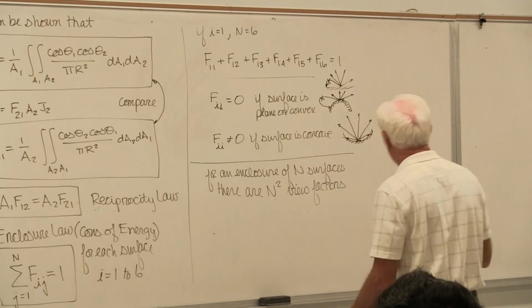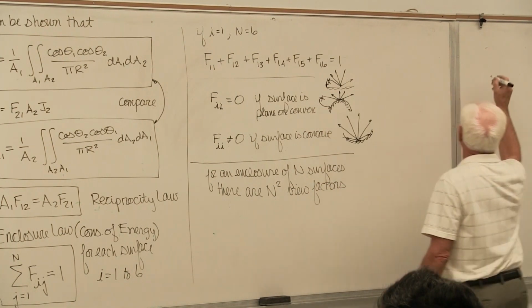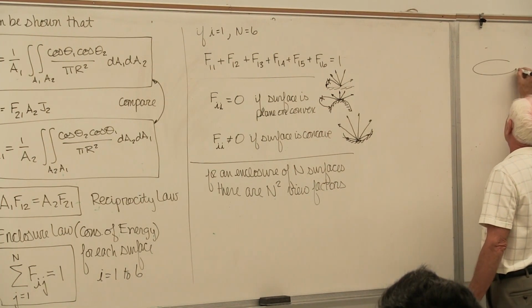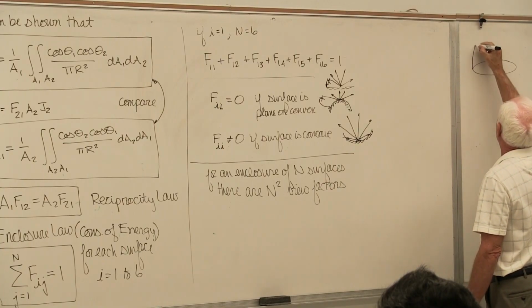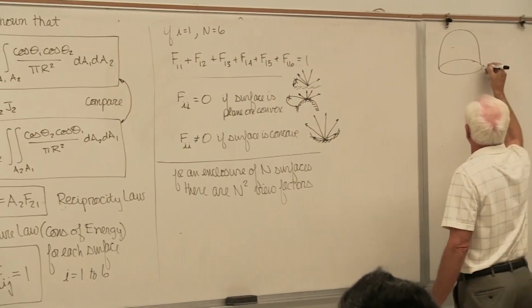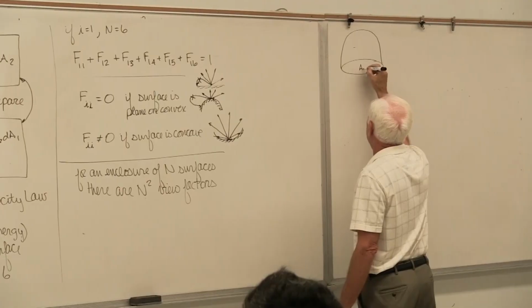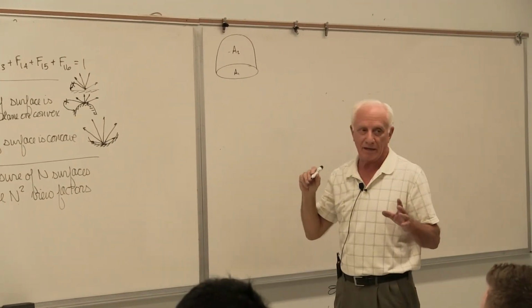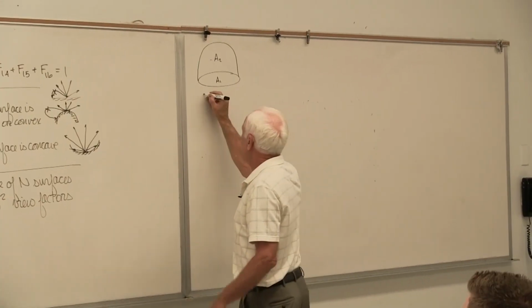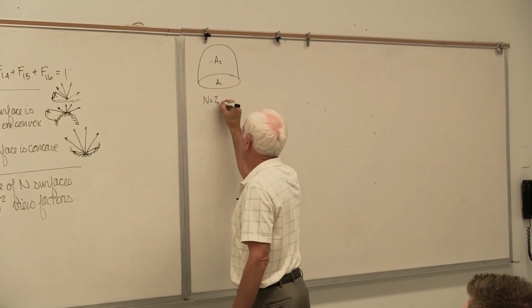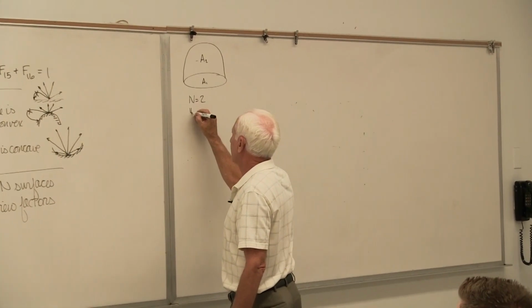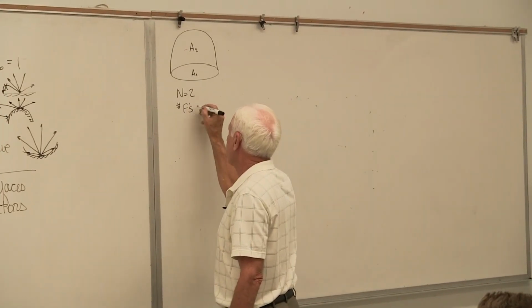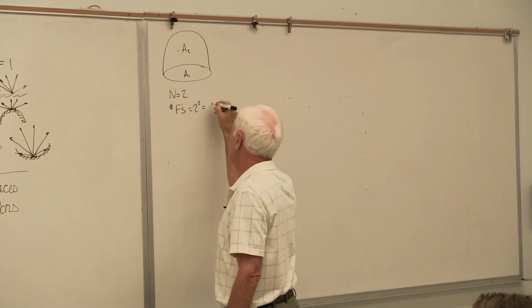I'll take one that looks like this. Circular base, hemisphere above it. Circular base A1, hemisphere A2. We're looking at the inside now. N equal 2, number of view factors. 2 squared equal 4.